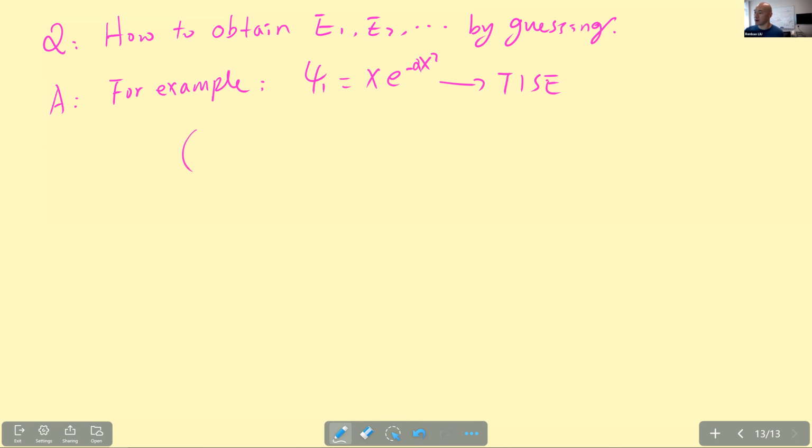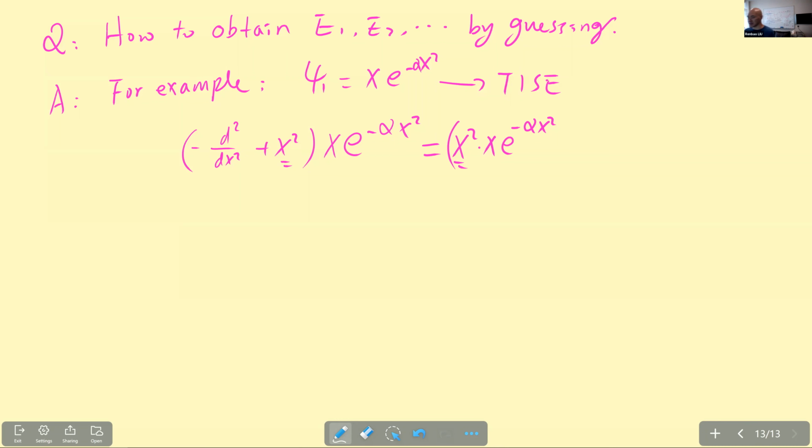So then we're going to have minus d squared over dx squared plus x squared, acting on x e to the minus alpha x squared, right? We check this one. So this one should equal, of course, we have one term, x squared times x e to the minus alpha x squared, right? So this comes from this term, okay?